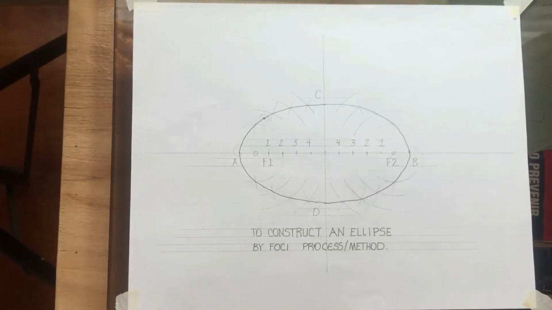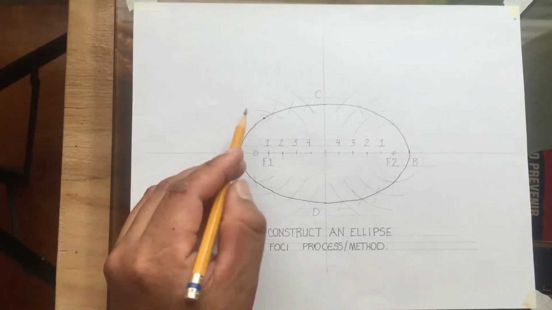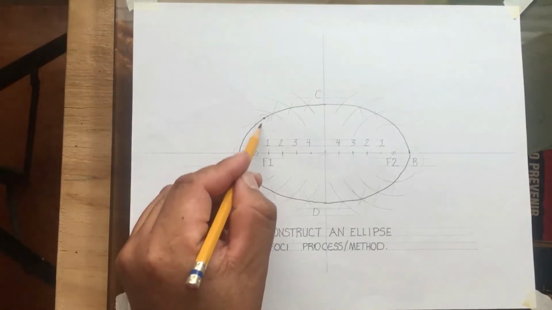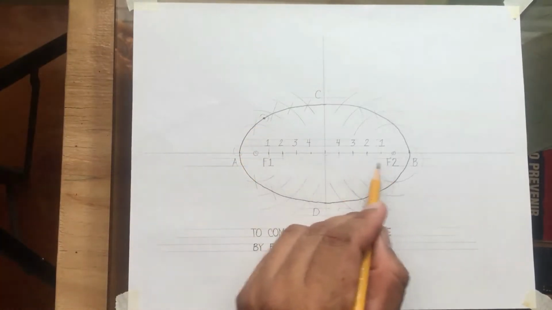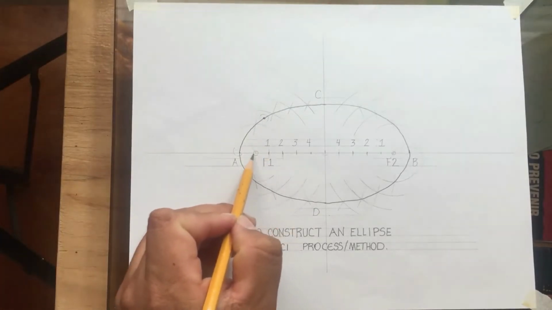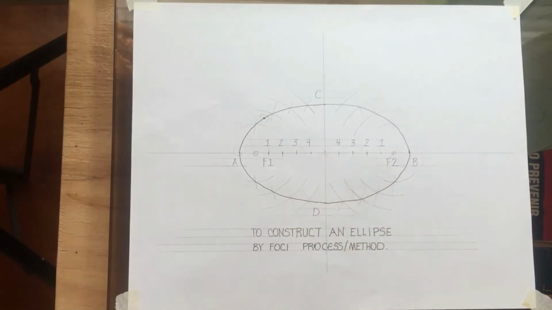Once we have obtained the point of reference, join that point to the focal points. In this case, we have focal points established here, F1, which corresponds to this point, and F2 for the second focal point.